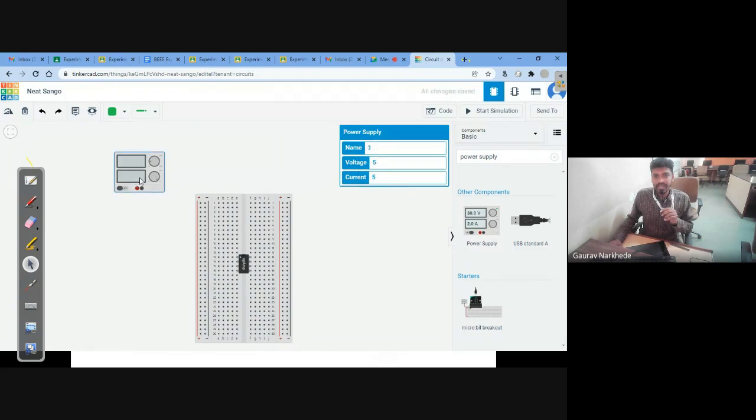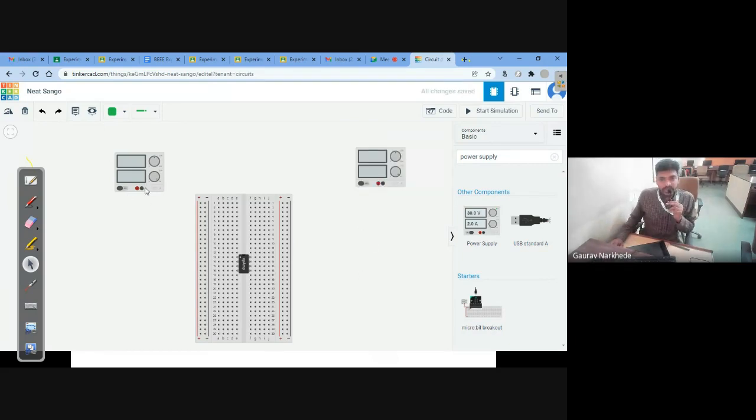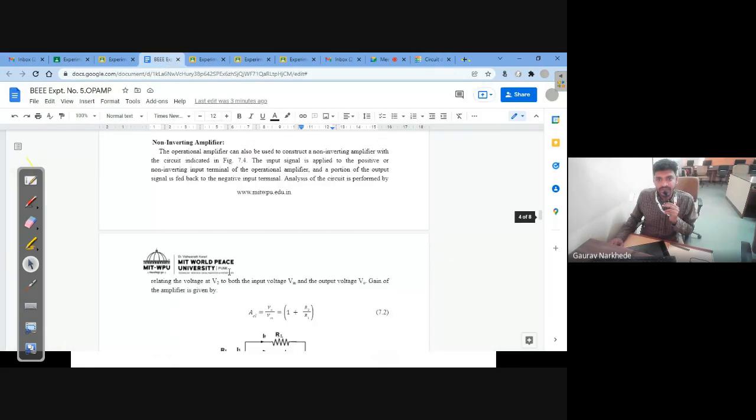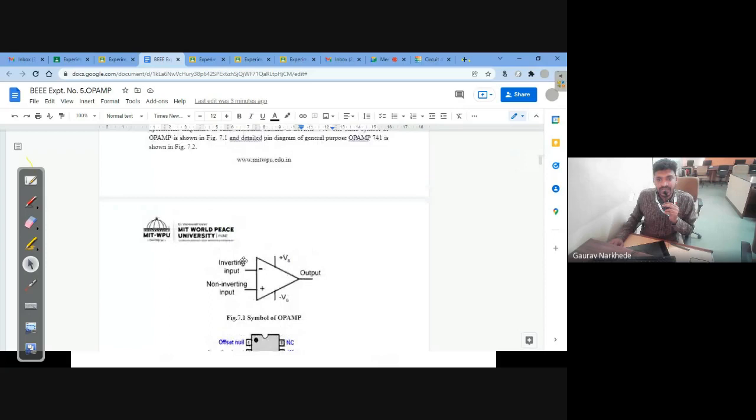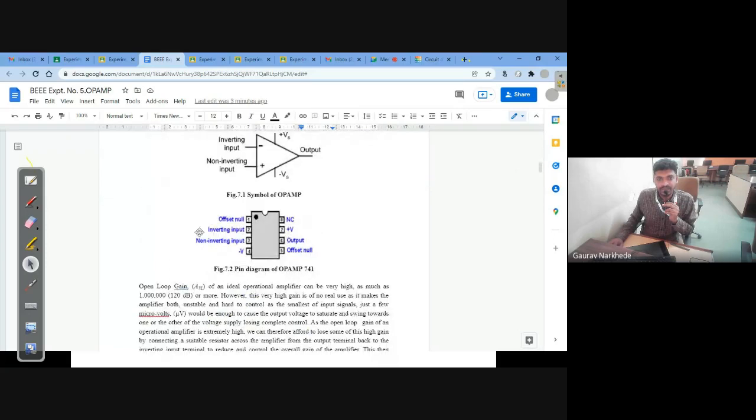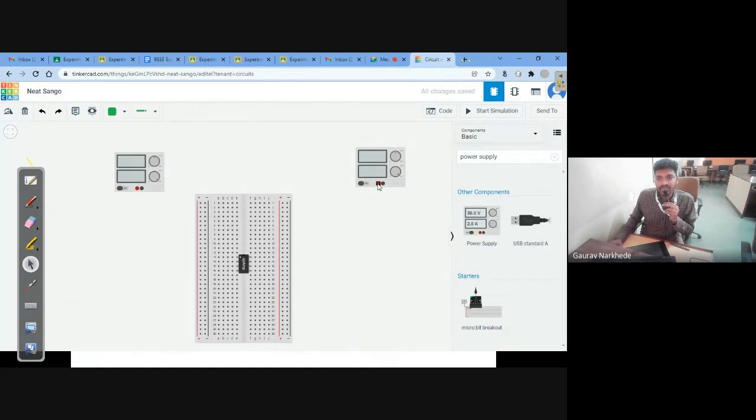Let us say I'm giving 15 volts here, and here also I will set the same voltage, that is 15 volts. If we go and check, plus VCC is pin number 7. So I'll just go here, and this is your plus VCC.